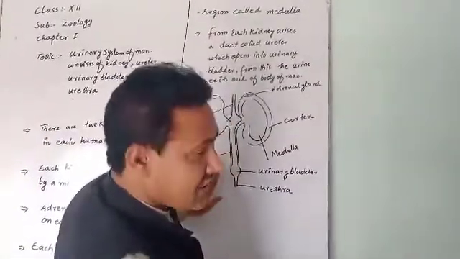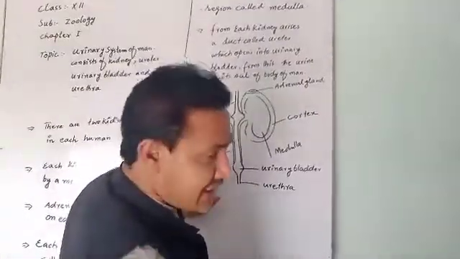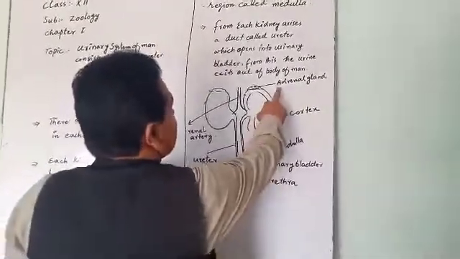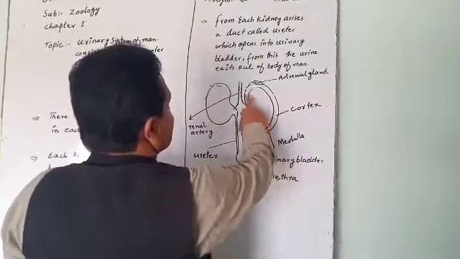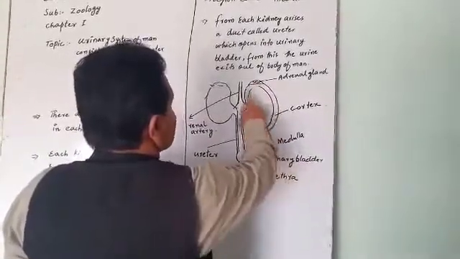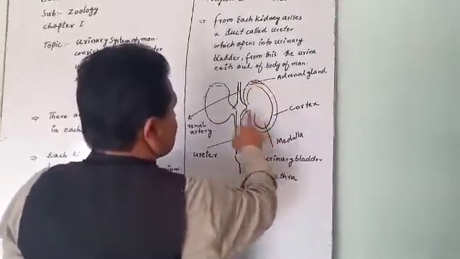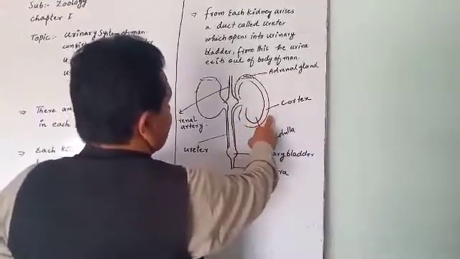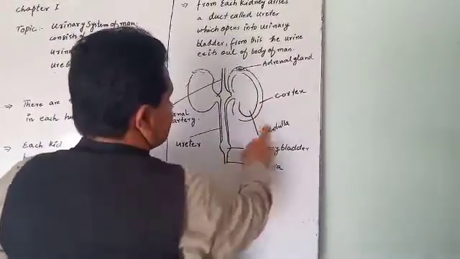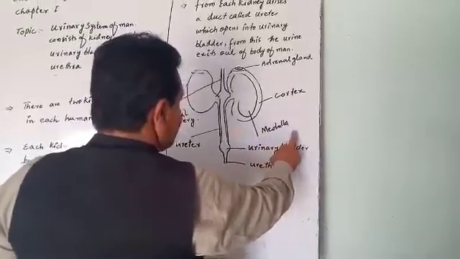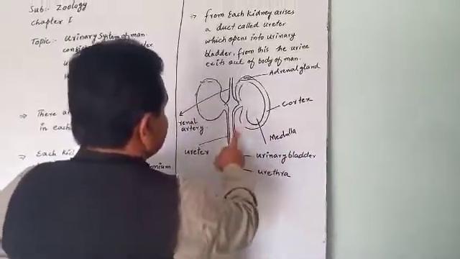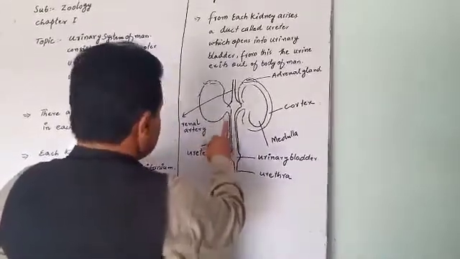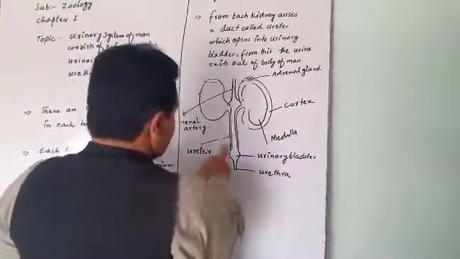So I have drawn a diagram. You can see here there is adrenal gland. This diagram shows the kidney, and its outer region is called cortex, its inner region is called medulla, and this duct or tube is called ureter.